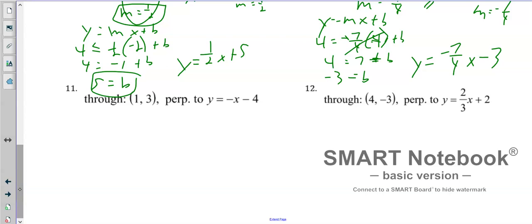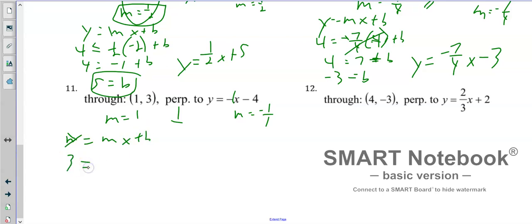Now, doing the same thing here, except the only difference is, this is -1. We're doing perpendicular over here. So this m is going to be the opposite reciprocal of -1, which simply enough is just 1. And I'm going to do the same thing. Y equals mx plus b. It's a good way to start. Then fill in the numbers.